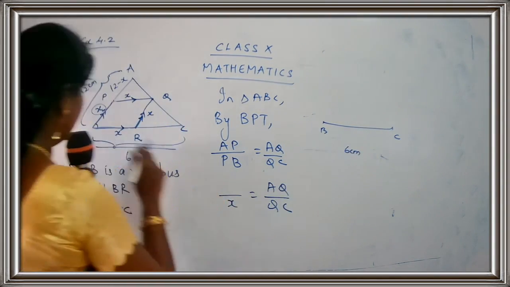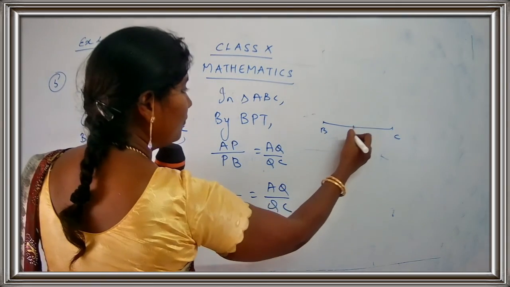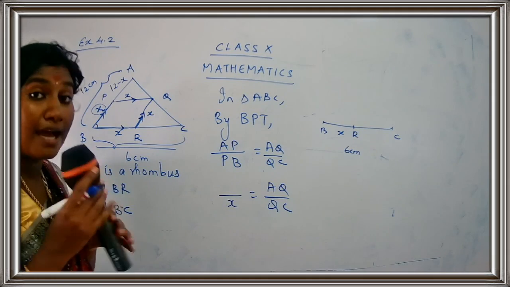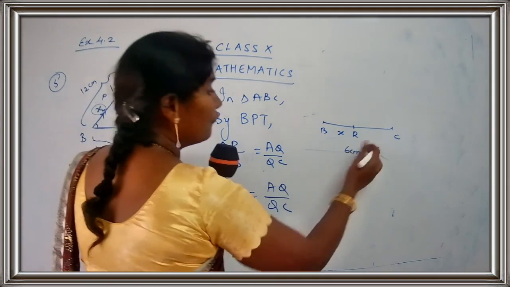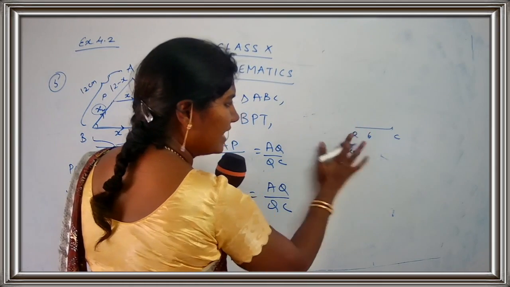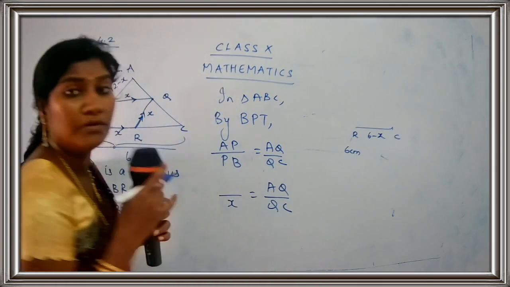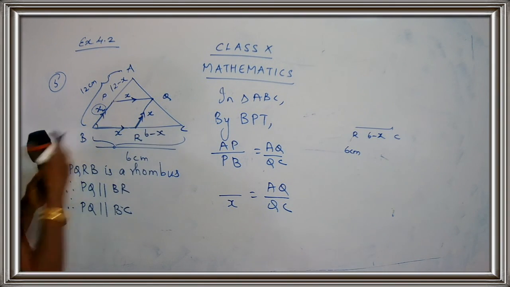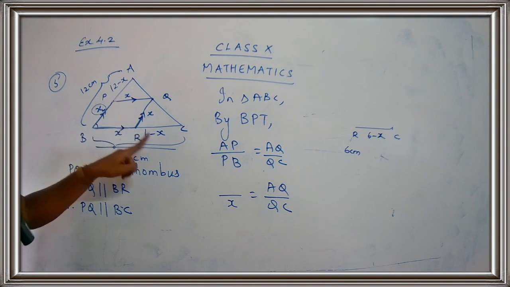And I know the value for BR. What is this value? X. So how do I get RC? From 6, if I remove X, I get RC. So this is 6 minus X. Those are the measurements here, children: 12 minus X, 6 minus X.